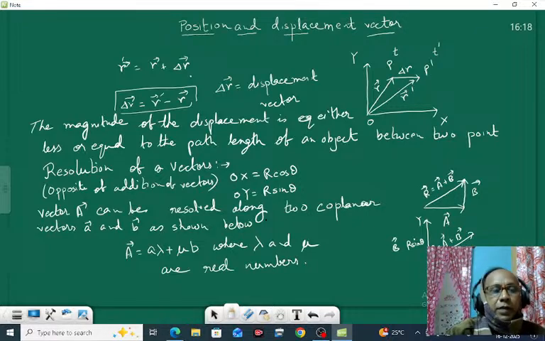So you can write vector A as lambda A plus mu B, or you can represent it in this way.